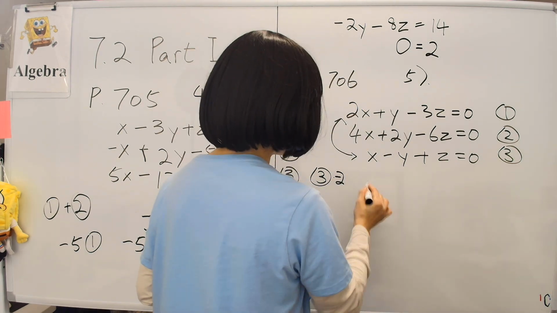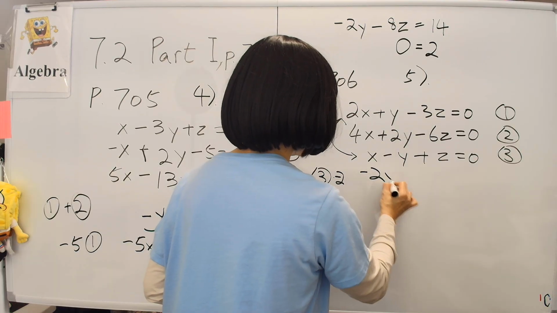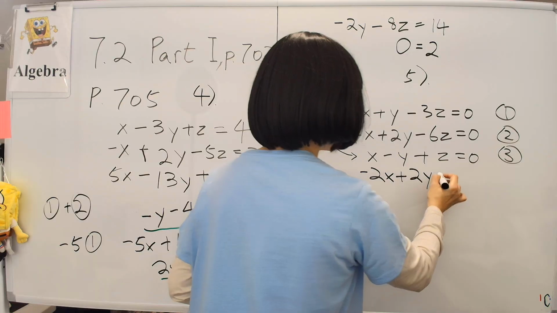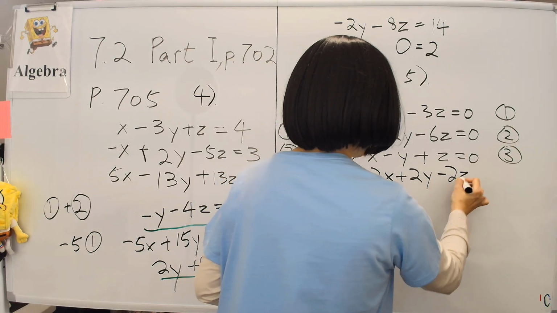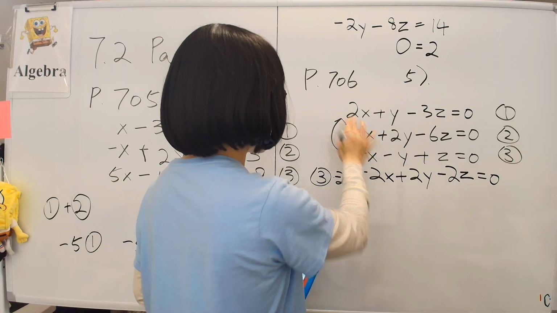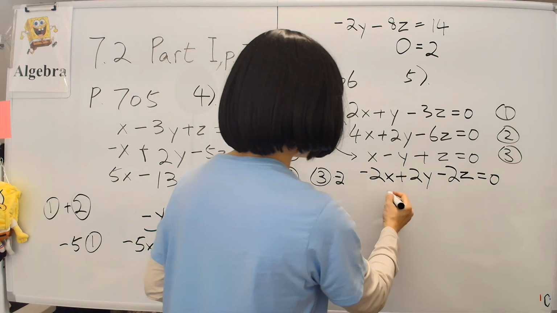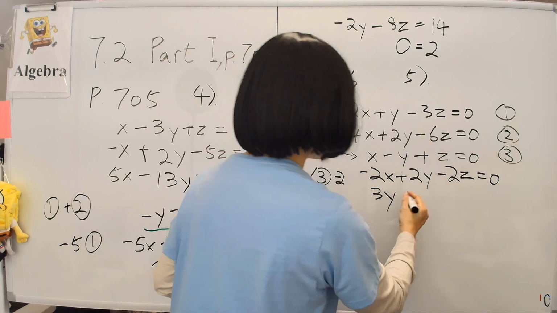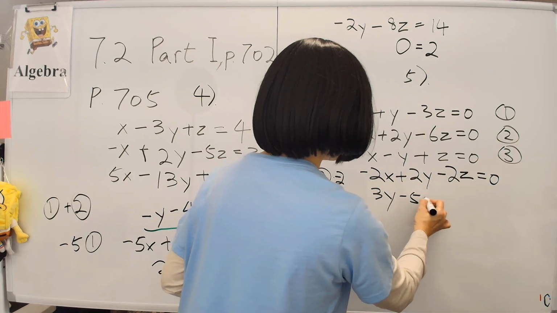So multiplying it by -2, we get -2x plus 2y, minus 2z, equal to 0. And so then when we add this up, we get 3y, minus 5z equal to 0.